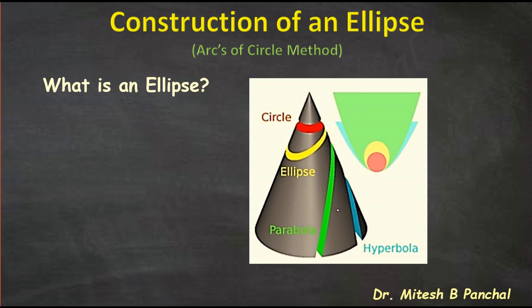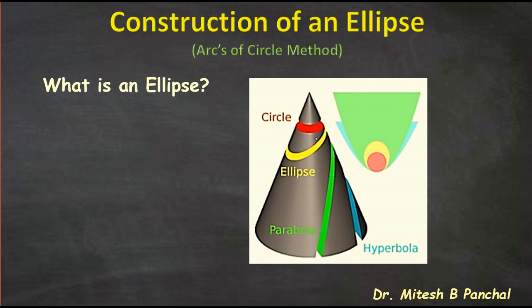A parabola is obtained when we consider a cutting plane which is parallel to one of the generators. While this blue section can be obtained when we take a section plane parallel to the axis, and this blue plane represents the hyperbola.